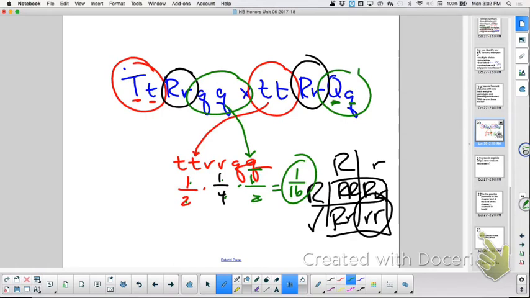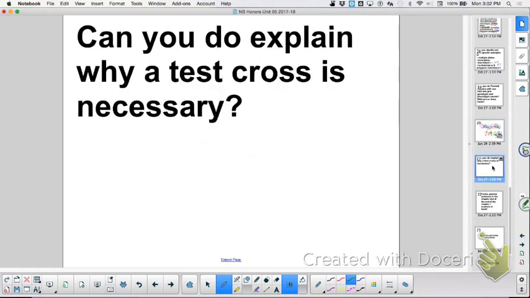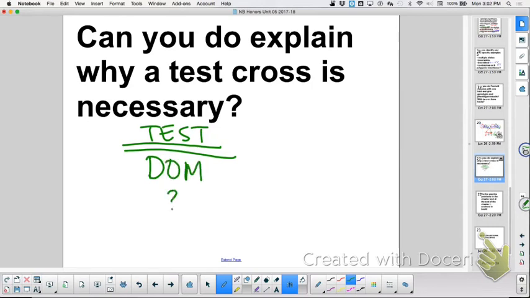All right. Next, can you explain why a test cross is necessary? Who would I need to test? What kind of individuals do I need to test? If they have a dominant trait and I don't know their genotype. I know their phenotype, it's dominant, right? So who do I test them with?